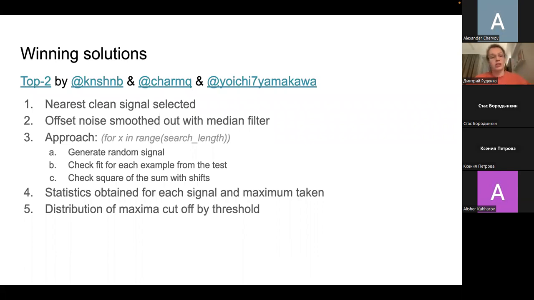After generating a random signal, they matched it with every test set with different strides, and by these statistics they got the best result. So at the end, they had a best result for every test set. And by this histogram, they managed to find the optimal threshold to figure out which sample is noise and which one has a signal.